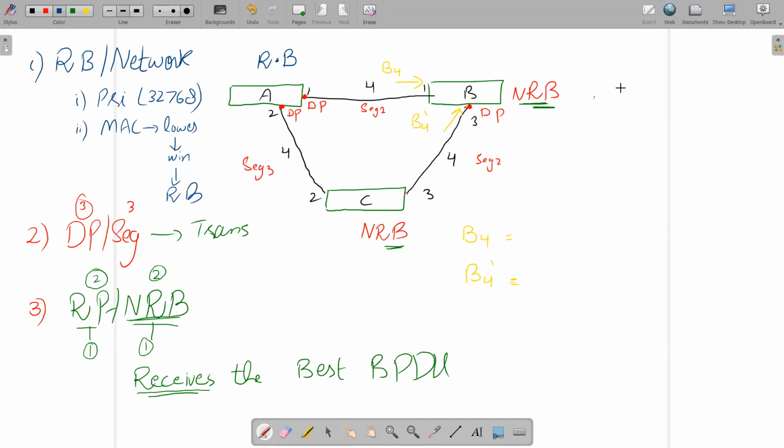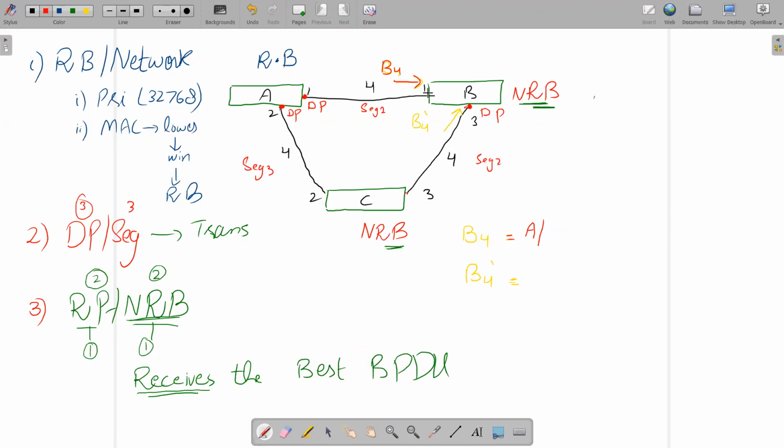So, look at there, guys. We need to write B4 first. As I told you, the first information you can write by closing your eyes. That is the root information, the bridge information. Then the cost to the root. Most students make mistakes by writing the cost.